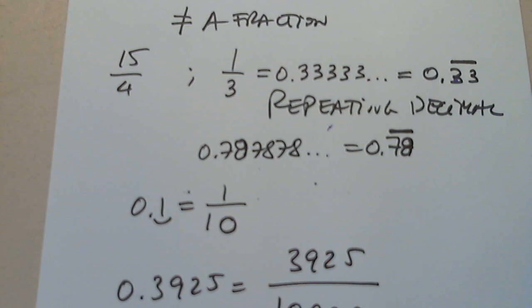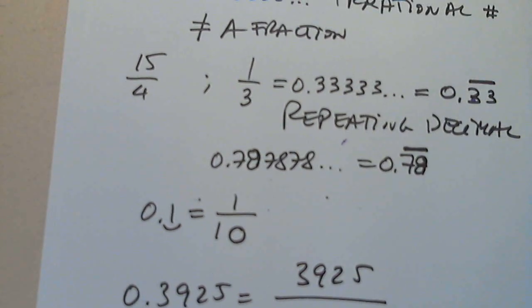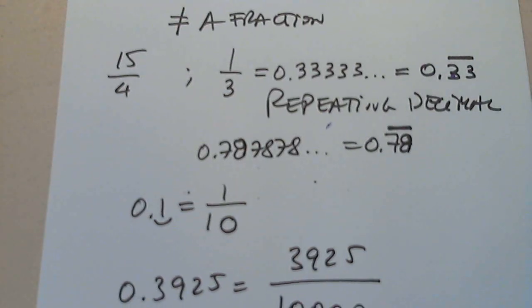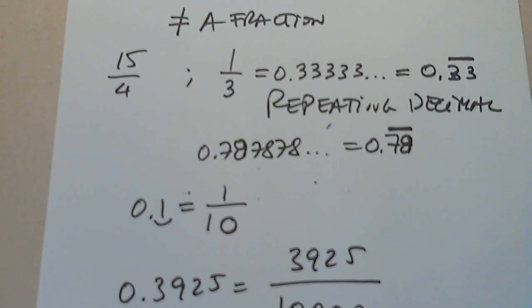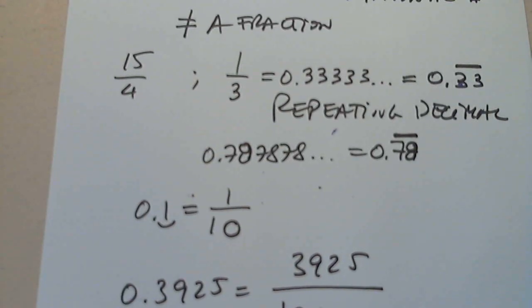What if I have 3.12? Then I have 312 and 1 and 2 zeros. Why 2 zeros? Because I have 2 decimal digits. You can also write it as 3 integers and 12 over 100. Same thing.